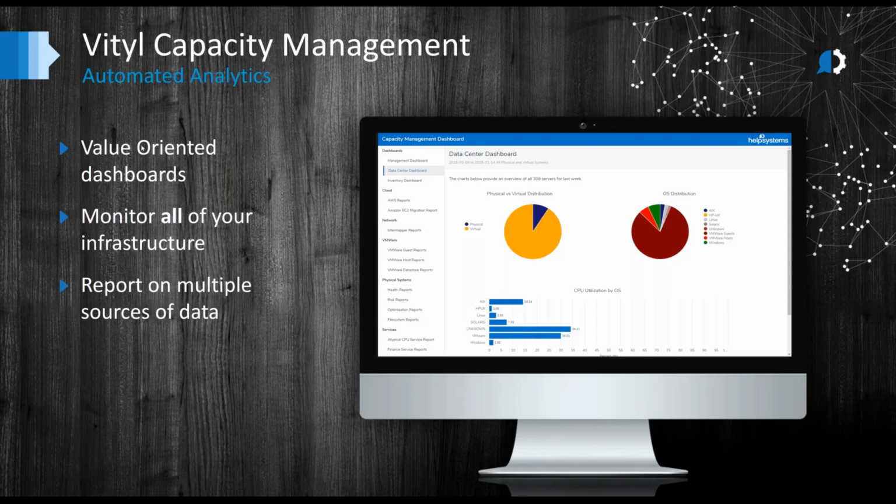This is a very flexible tool to create those. So that helps you to monitor all of your infrastructure and report on multiple sources of data. So you might have your network data, your disk data, everything can be tied in together through these dashboards and reports.